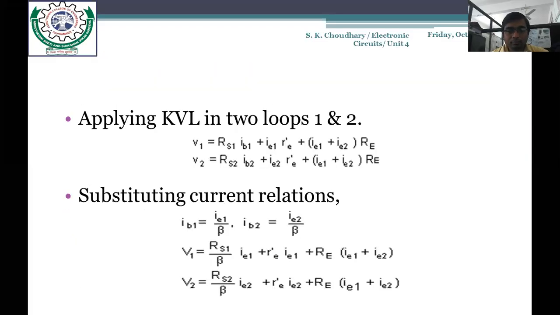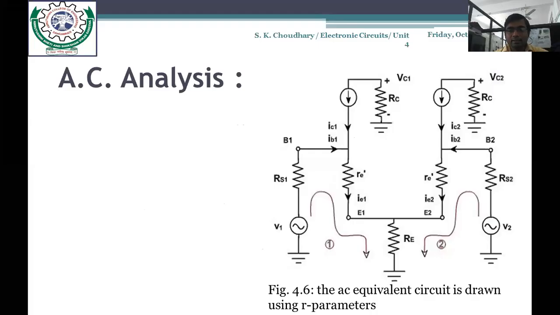Now you can see how to calculate RI1 in this diagram, which is the AC equivalent diagram of the differential amplifier. To find RI1, first of all V2 is equal to 0.